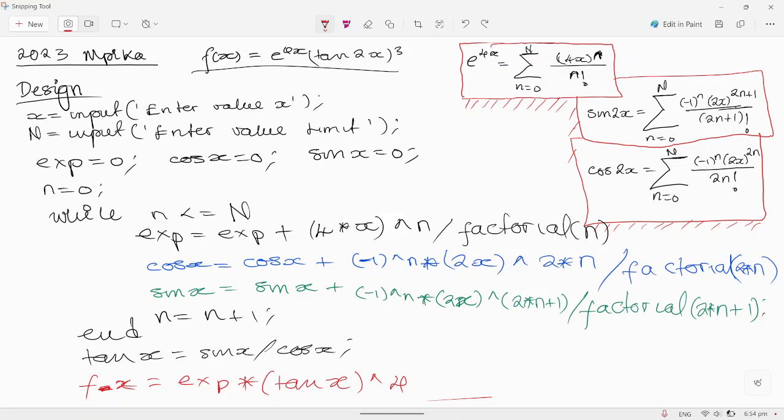And I think it's best you use for x something like pi over 8, because we have a 2 here. If we say 2 times pi over 8, we're going to get pi over 4, and we know tan pi over 4 is basically equal to 1.